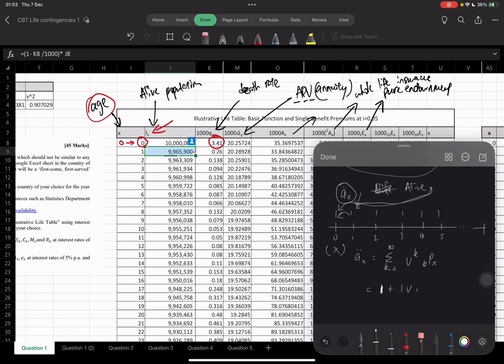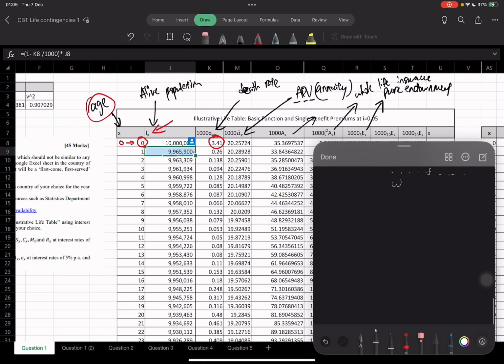During the first year, 1p0 plus v 1p1. We need to discount at the second year, and then v² 2p0, and then do until infinity.